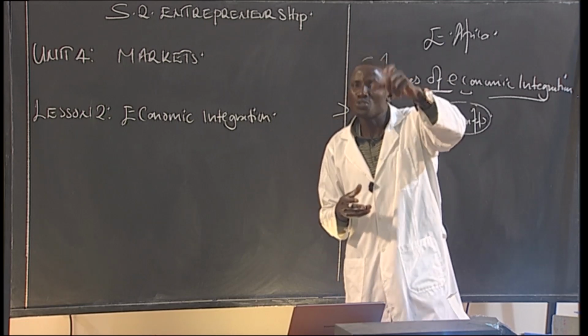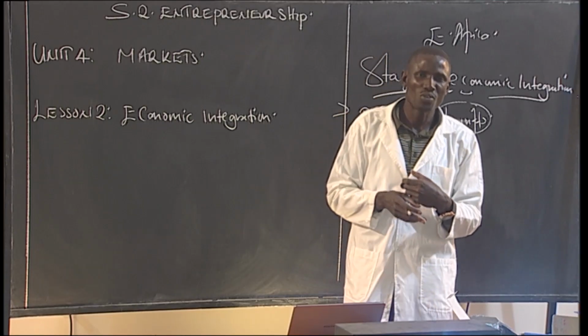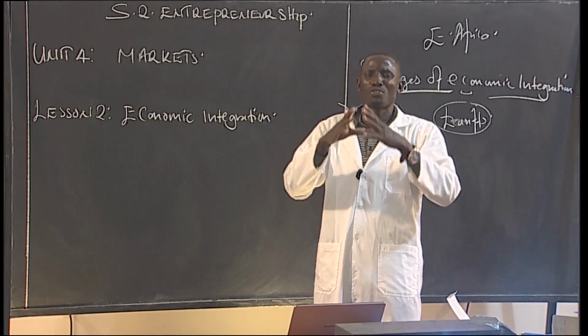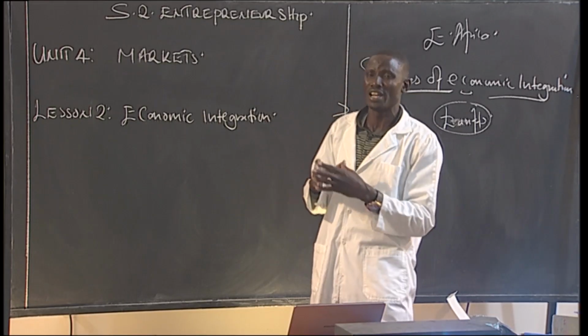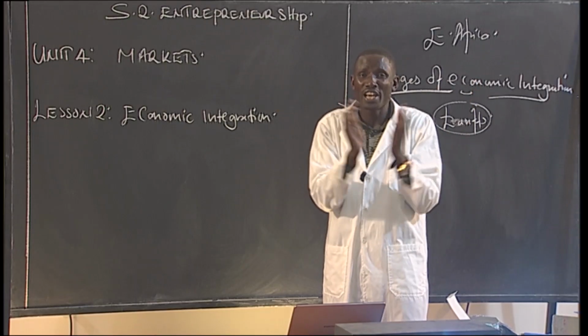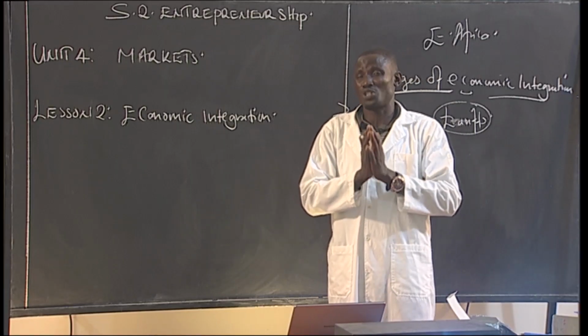We are going to reduce taxes on goods coming from Tanzania, Uganda, Kenya, South Sudan, and Burundi, because we are in the East African region and we are in integration.